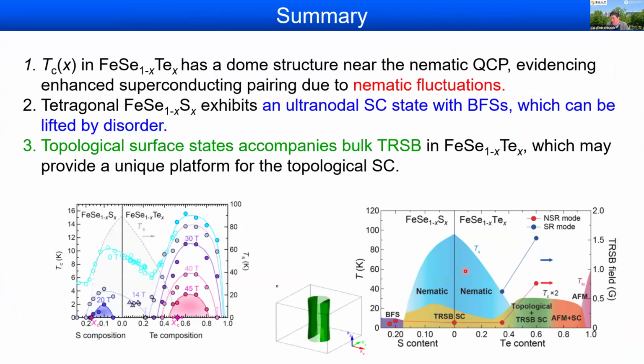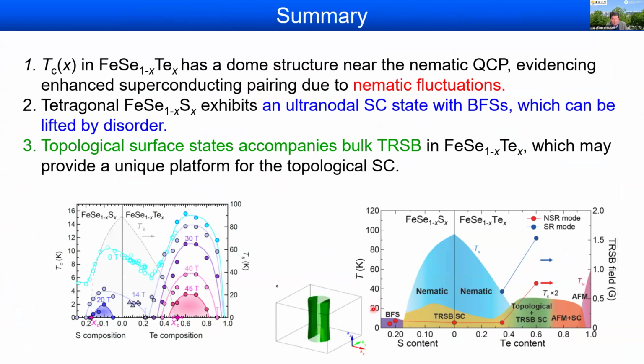Okay, so let me finish my talk with this summary slide. First, I would like to discuss the electronic phase diagram and this SC3 region, this field robust superconducting dome, which is likely related to the nematic fluctuations.